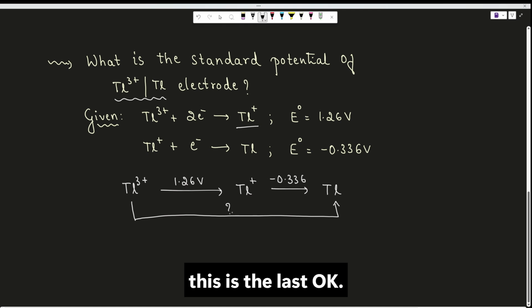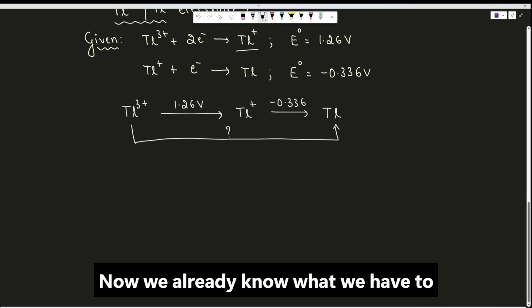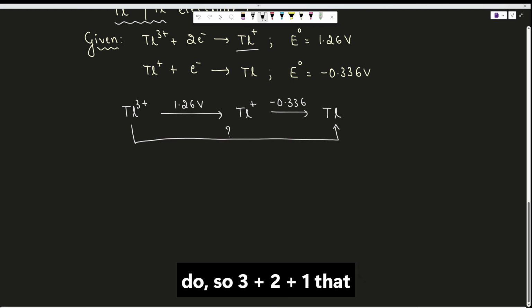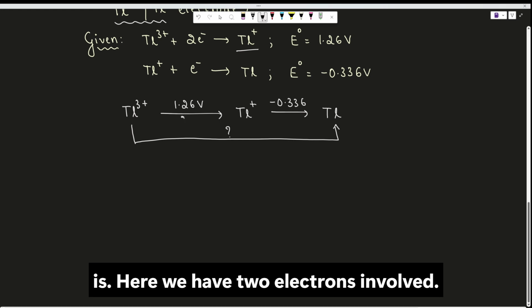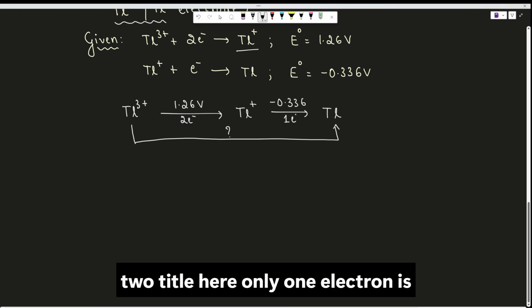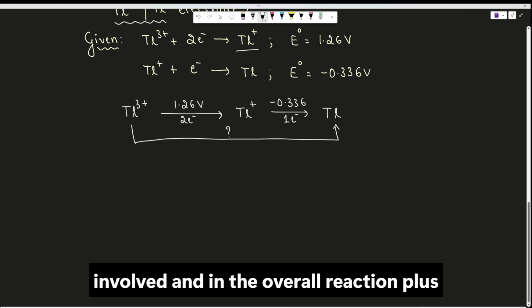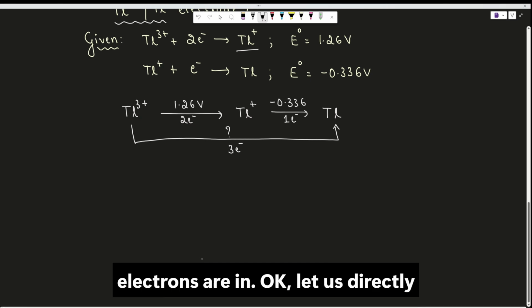This is asked. Now we already know what we have to do. Going from 3 plus to 2 plus to 1, here we have 2 electrons involved. And if you consider Tl+ to Tl, here only 1 electron is involved. And in the overall reaction, plus 3 to 0, so 3 electrons are involved.